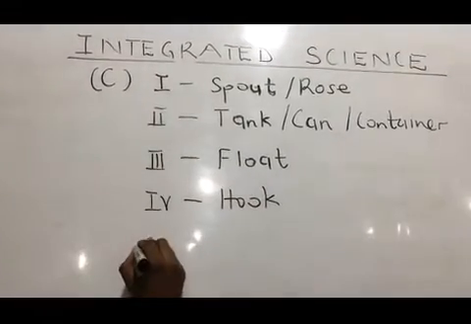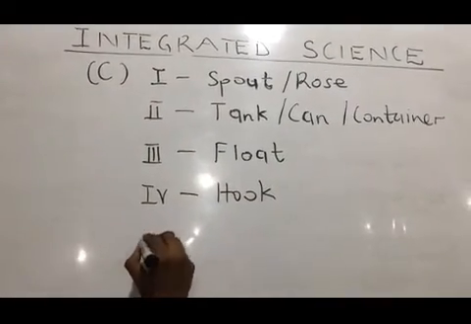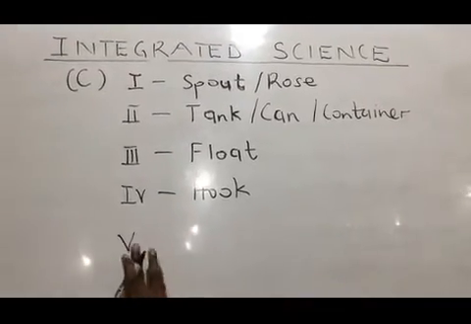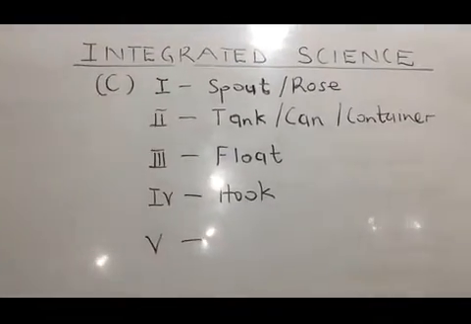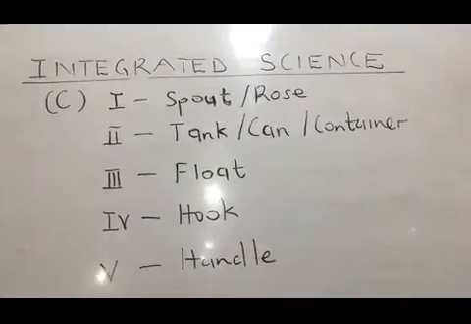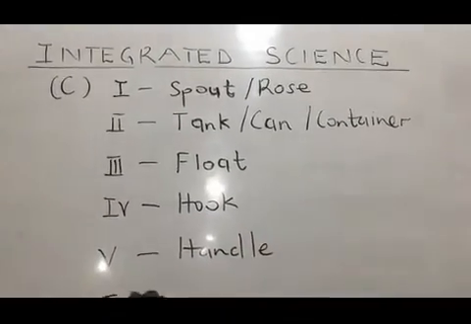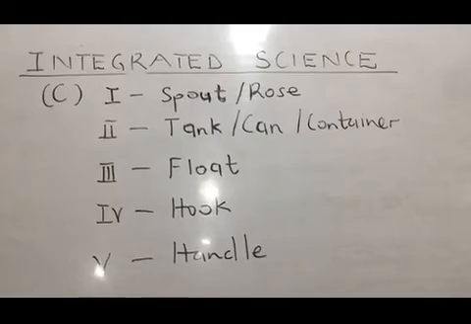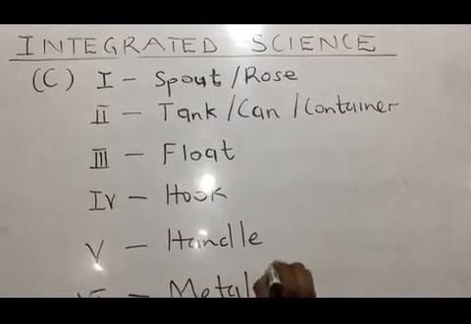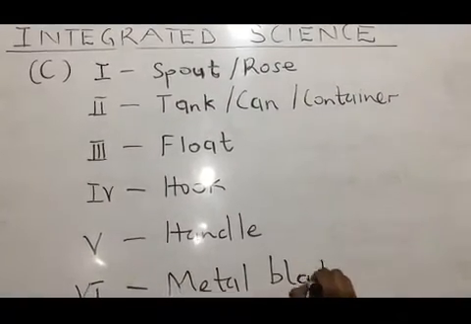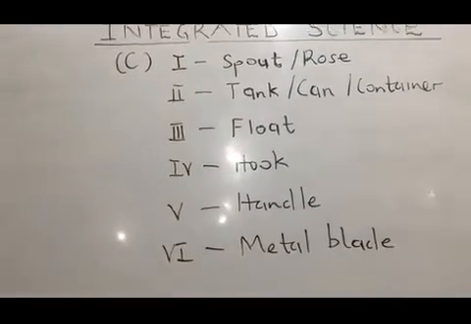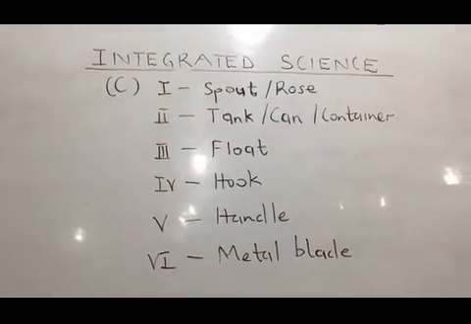The V is on 2D. That is the handle. And when it comes to 2C, the VI is what we call the blade, metal blade. Okay, so those are the labeled parts from I to VI.